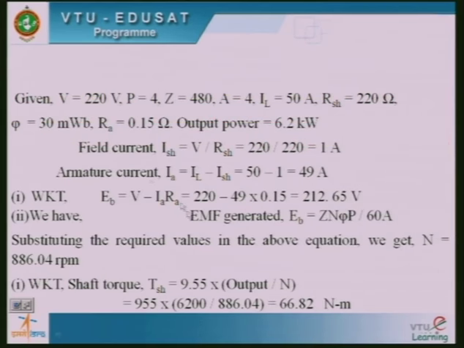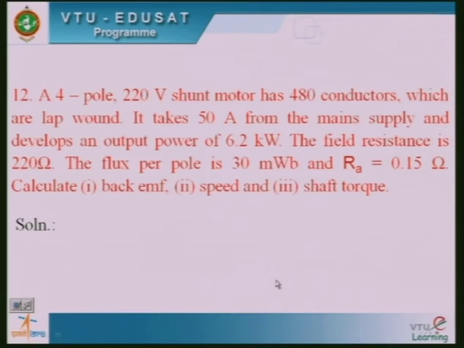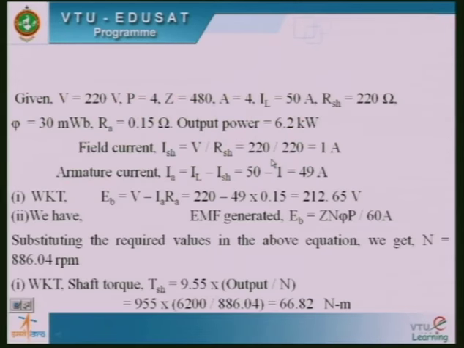And we have the equation for the shaft torque, TSH is equal to 9.55 into output divided by N. Output is mentioned in the problem: this motor develops an output power of 6.2 kilowatt. Kilowatt means 10 to the power 3 watt, so 6.2 into 10 to the power 3 will be 6200, divided by the speed calculated, 886.04 RPM.